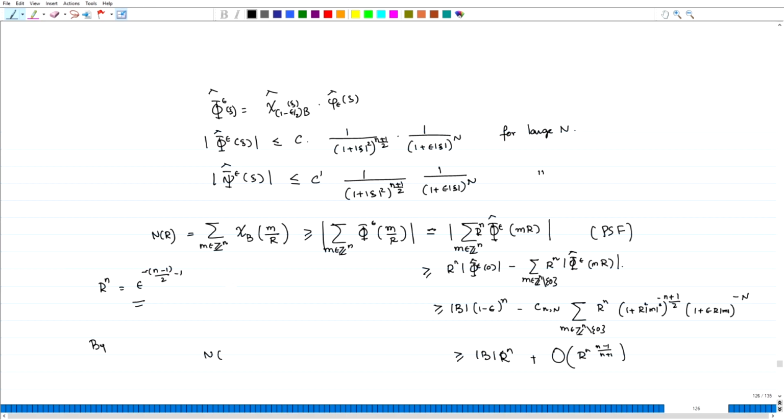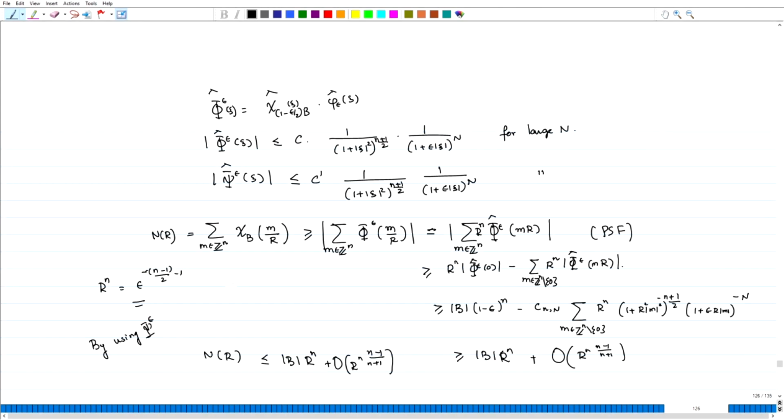By using psi epsilon, we get N r is less or equal to, and this gives us a bound for the lattice estimate for the number of lattice points present in the ball of radius r.